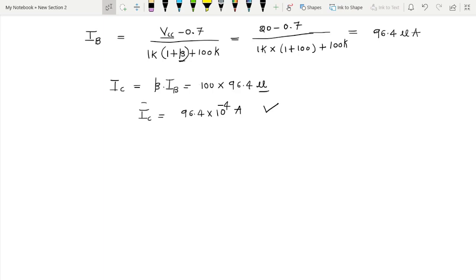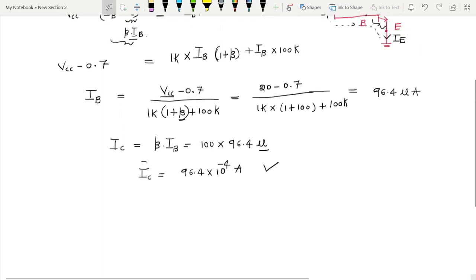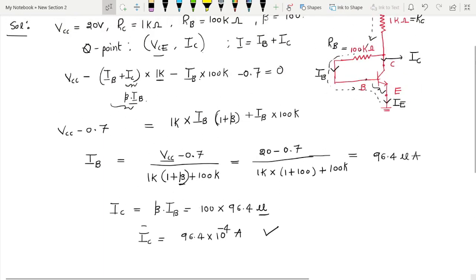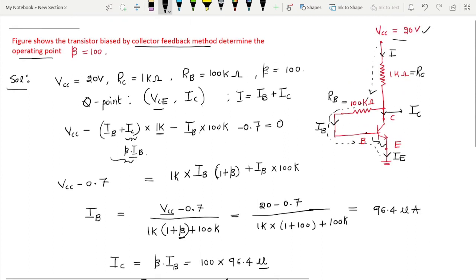In order to find VCE, we have to apply the loop equation for the output loop.